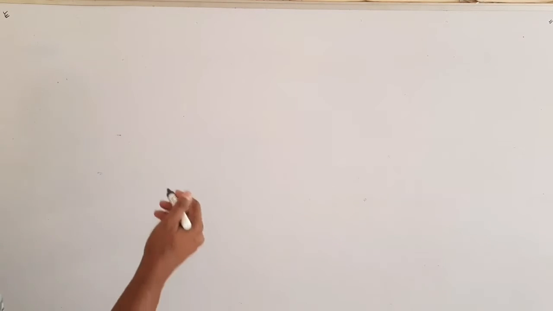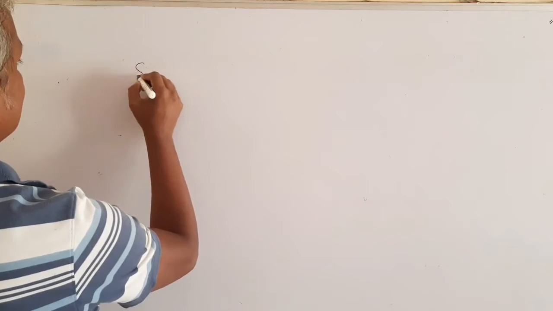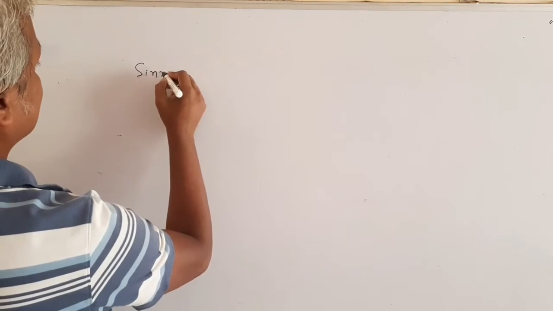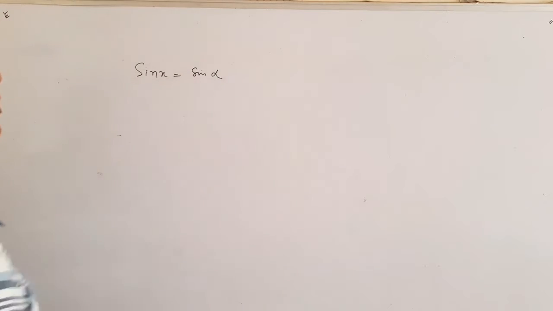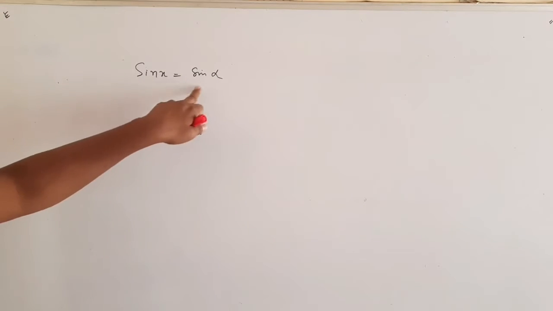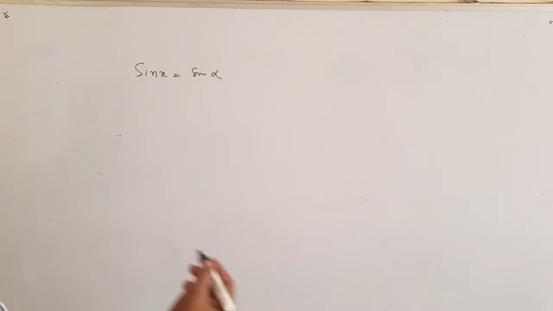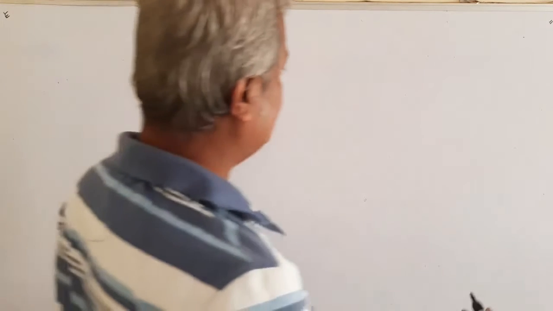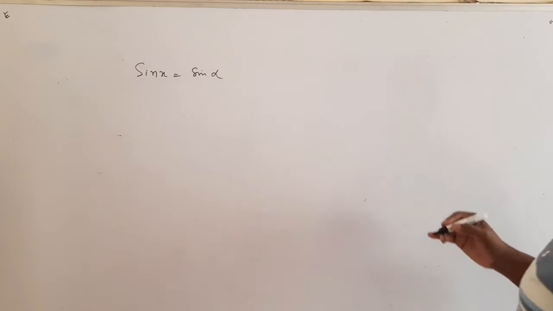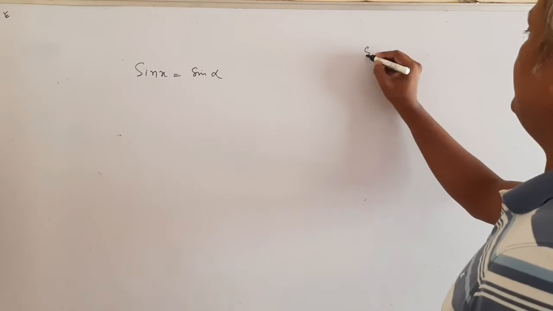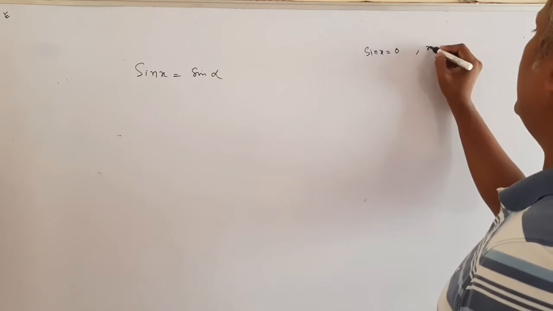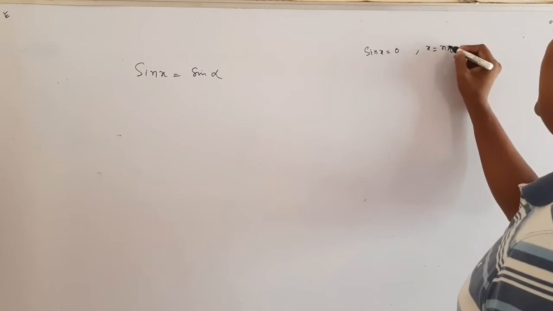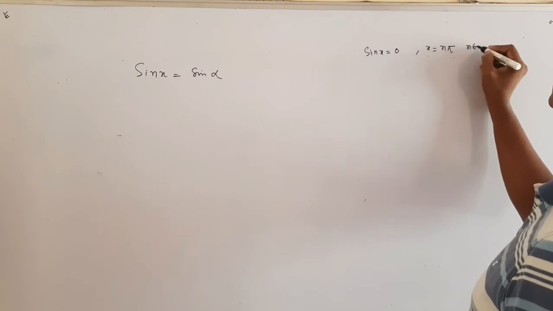Okay, so now the special case here is when we have a situation like sin x equal to sin of something, let's say sin alpha. When you have sin x equal to sin alpha, how will you solve this kind of equation? A few minutes back, you saw that when we have sin x equal to 0, we found x equal to n pi, where n is an integer.